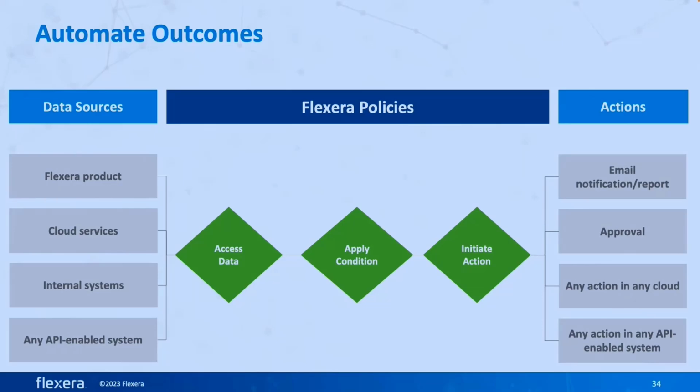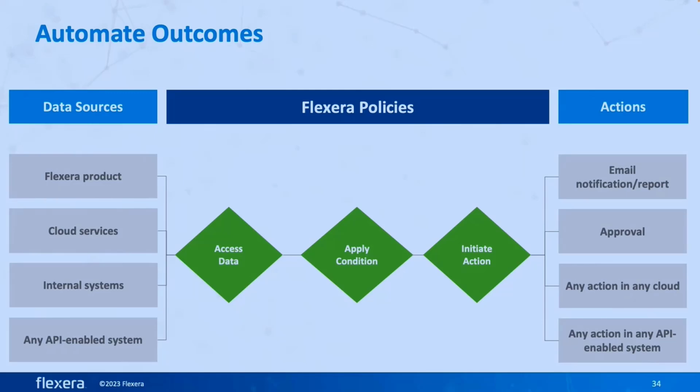Also built in are approval workflows. So if I was to have a policy that produces a list of snapshots that are older than 30 days, that are potential candidates for delete, you could have an approval workflow that would say, do you want to go and delete these? Yes, no, click the button, off you go.